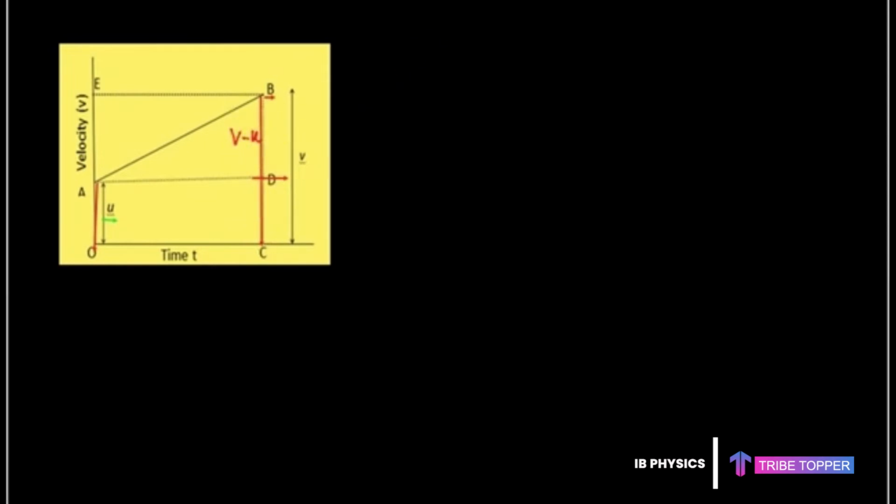Now we can find out our equation of motion from the slope of this graph. We know that the slope of a VT graph gives us acceleration. The slope here is equal to BD upon AD. BD is v minus u, and AD represents the time interval t.